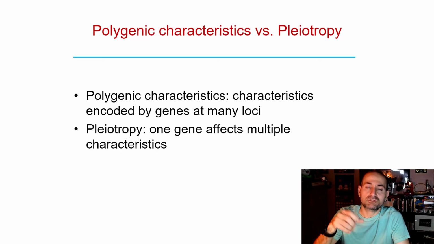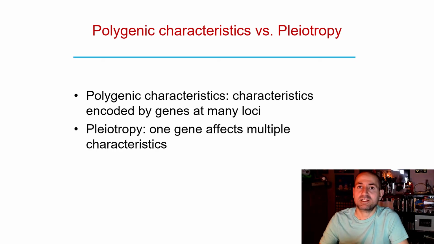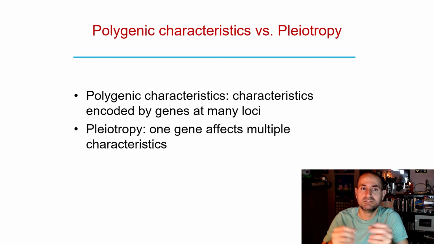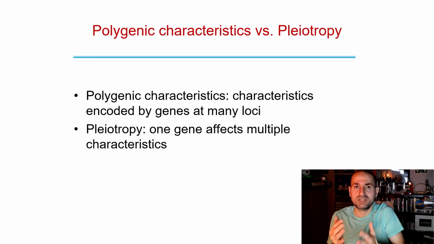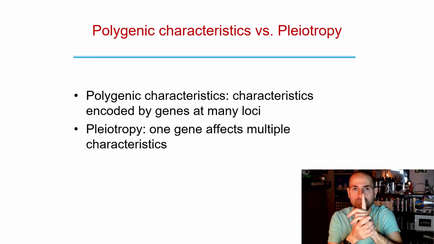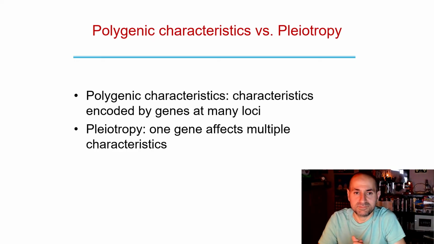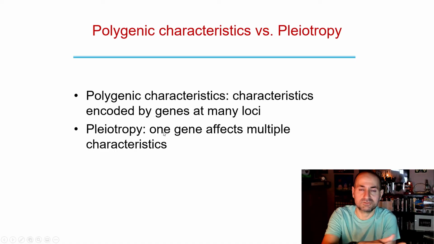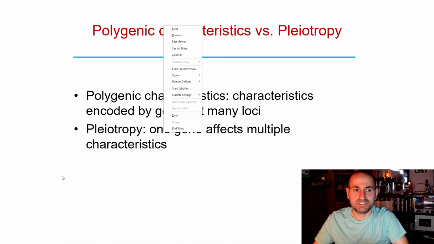There are growth factors involved. There are bone stimulating factors, bone morphogenetic proteins. There are all kinds of different genes that need to work in concert for you to be tall or short. It's not like sickle cell, where one gene determines whether you have it. There are many different genes involved here.